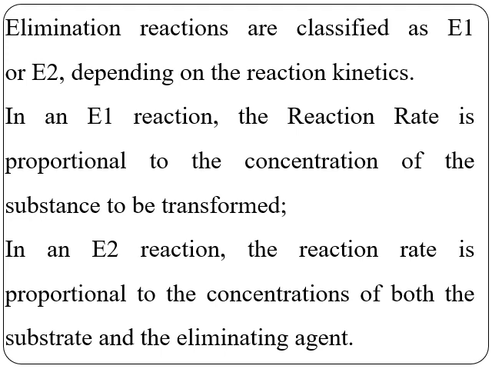The same is the case in the E1 reaction: the reaction rate is proportional to the concentration of the substance to be transformed. Then, similar to the SN2 reaction, in an E2 reaction, elimination bimolecular, the reaction rate is proportional to the concentration of both the substrate and the eliminating agent.